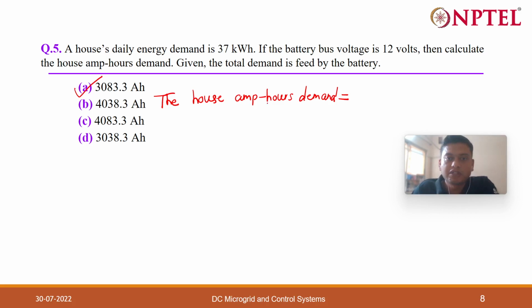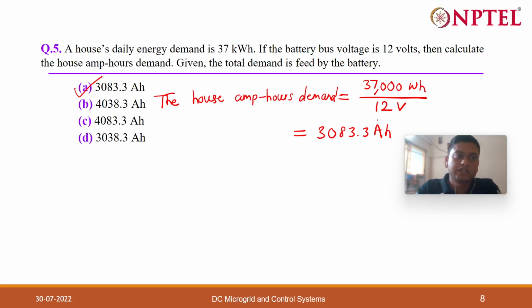So if you calculate the house ampere hours demand, then according to that you can install the battery in your house with the PV. The energy is given as 37,000 watt hour, and if you divide it by volt, then it comes out to be ampere hour. So the correct answer will be A.